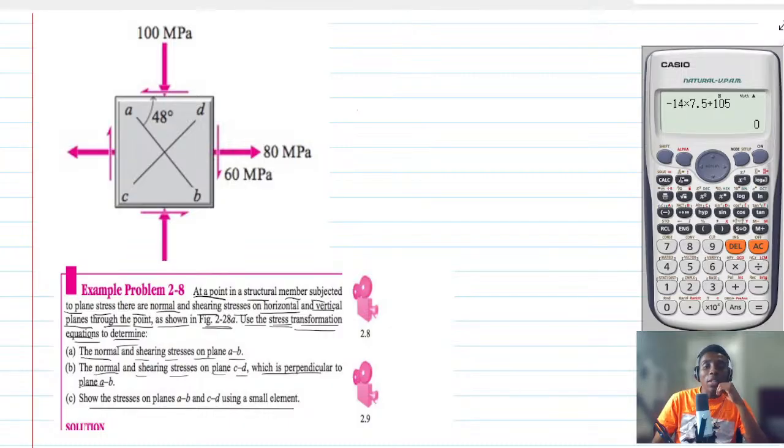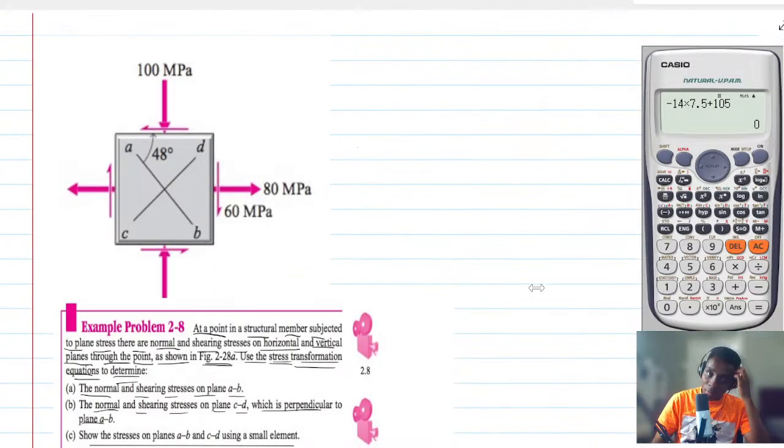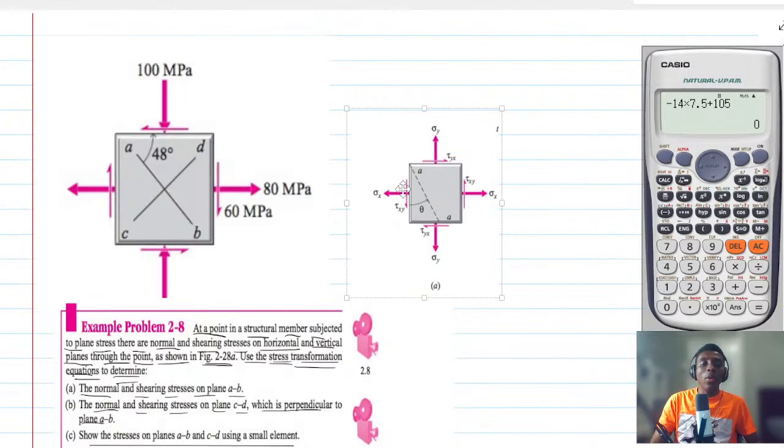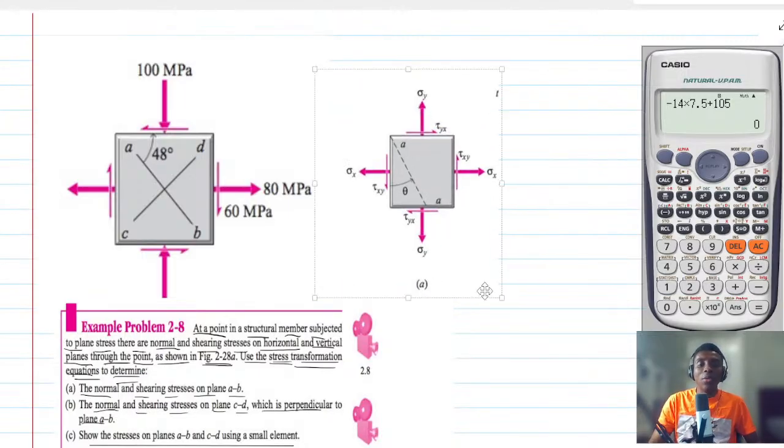Now let's look at how you can solve this question. There is a general nomenclature about this. I want you to write this one down. Whenever you have a question like this, this is how it always goes.